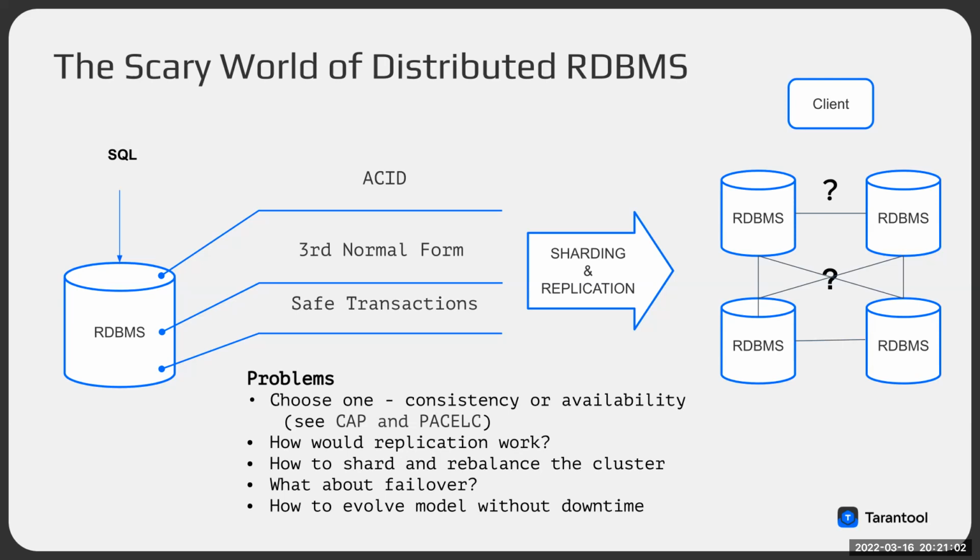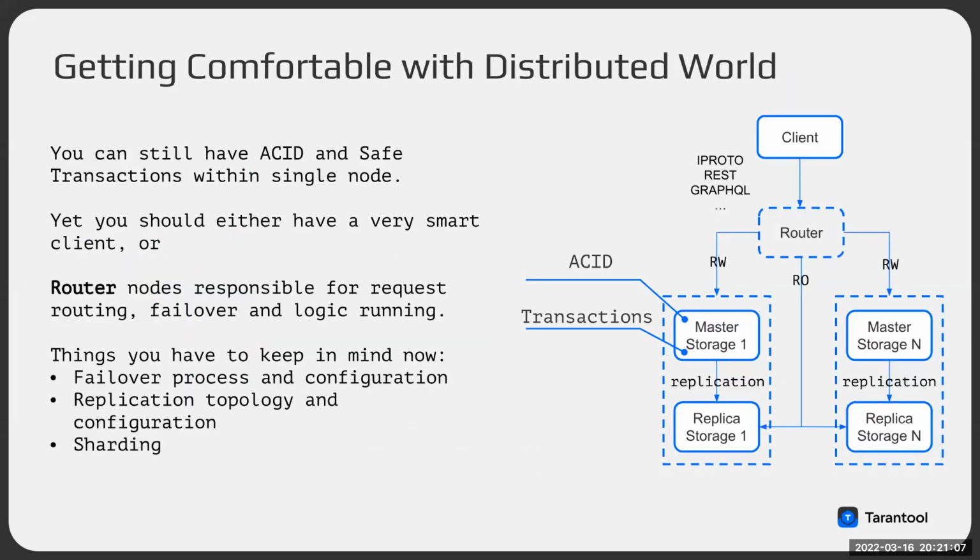And secondly, you will have to solve the task of routing requests to your storage. So either you should have a very smart client, in Russian the set expression is fat client, a client that knows the map of the cluster, for instance, and handles balancing and failover in such situations.